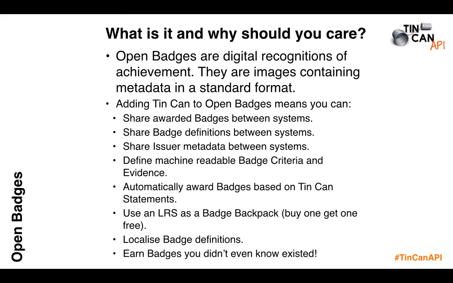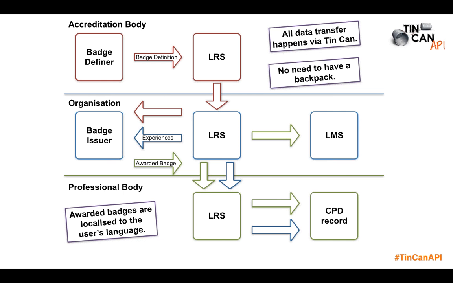So I've got a diagram here showing a particular use case of what might be possible, or what is possible, if we apply Tin Can to open badges. Let's say we've got 3 different organizations. We've got an accreditation body who's interested in accrediting achievement.